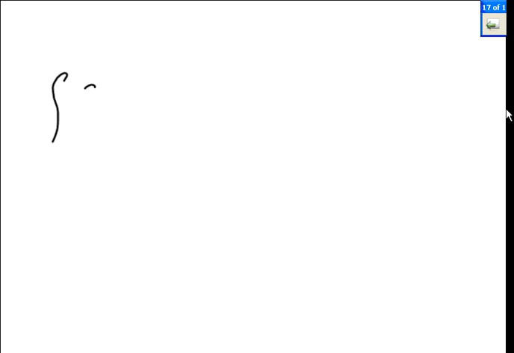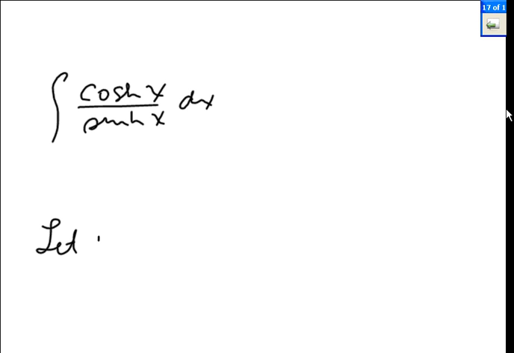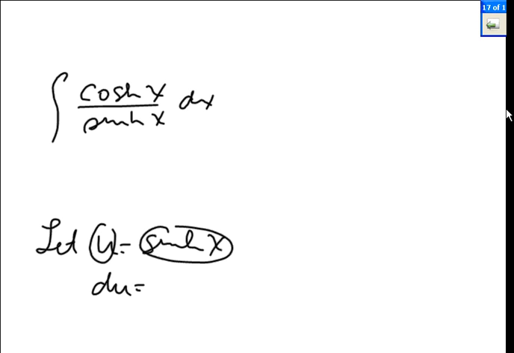You were asked to find the integral of cosh of x over the sinh of x dx. Well, just let u equal the bottom. The differential of u is du, and the differential of sinh of x, well, that's cosh of x times dx.